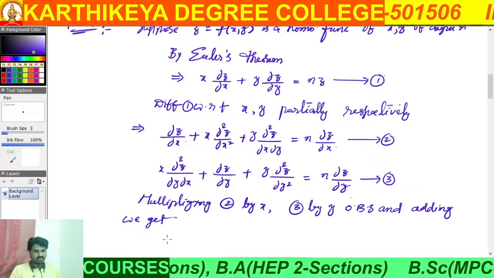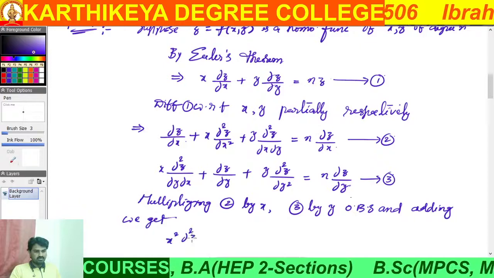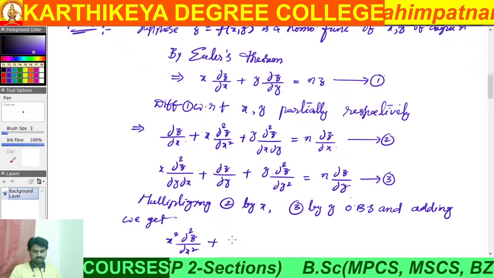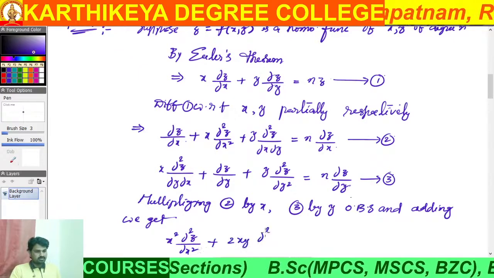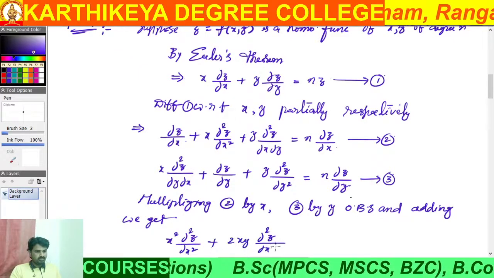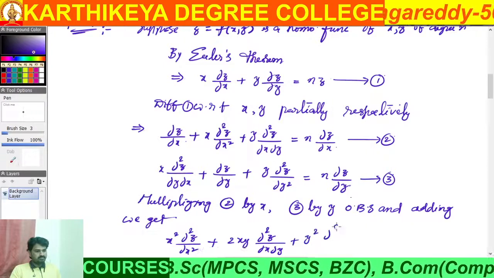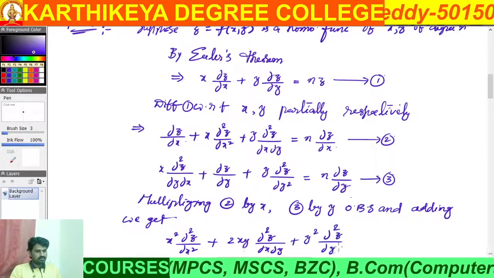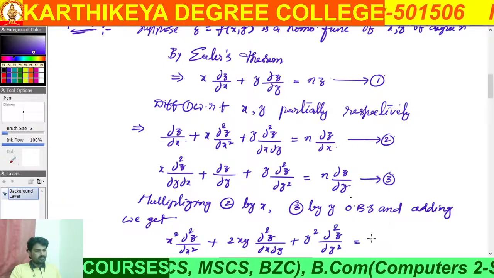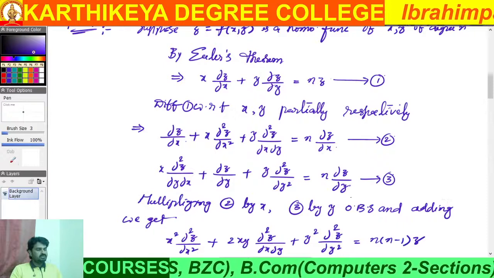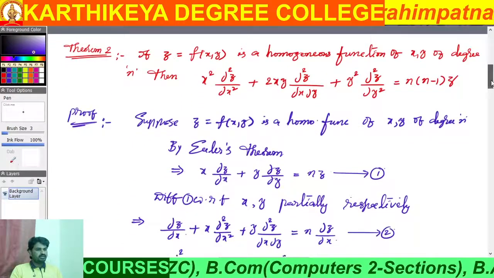What is that answer? x square into dou square z by dou x square plus 2xy into dou square z by dou x dou y plus y square into dou square z by dou y square is equal to n into n minus 1 into z. Okay students, this is the other theorem for the homogeneous function.